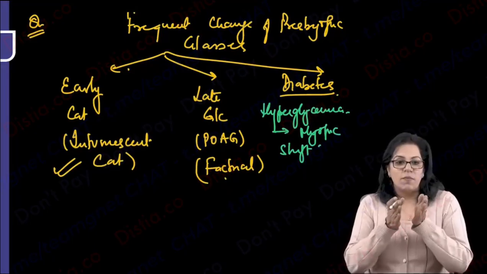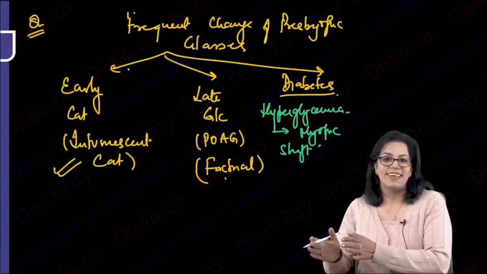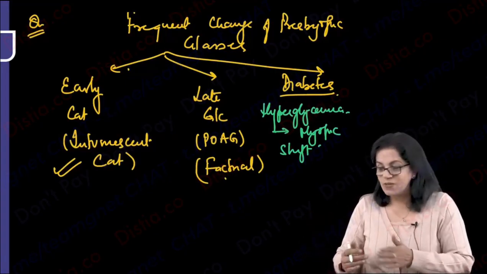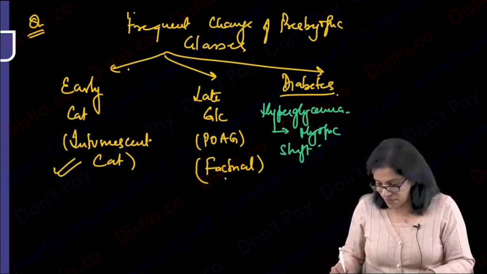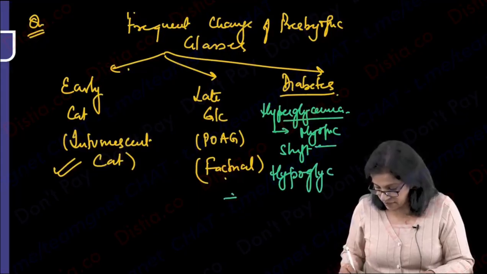Shift means from +5 even lessening to +4 is a myopic shift, or going from -5 to -6 is a myopic shift. So hyperglycemia can cause myopic shift, and vice versa. In a hypoglycemic condition, the patient will have a hypermetropic shift.